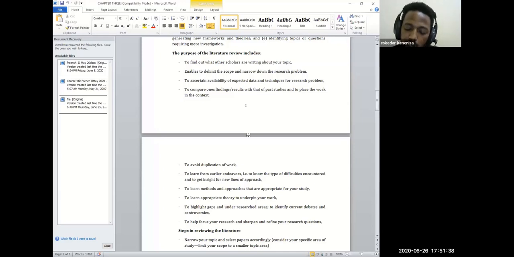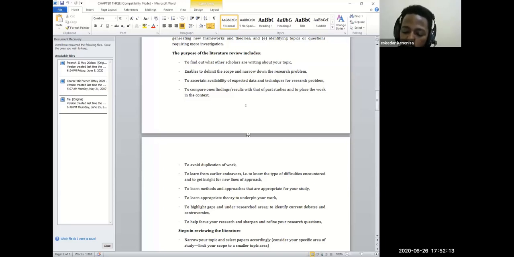The other purpose is that it enables you to delimit the scope and narrow the research problem. For making a clearly articulated research problem, delimitation is one of the guiding pillars. Therefore, you have to delimit your scope.